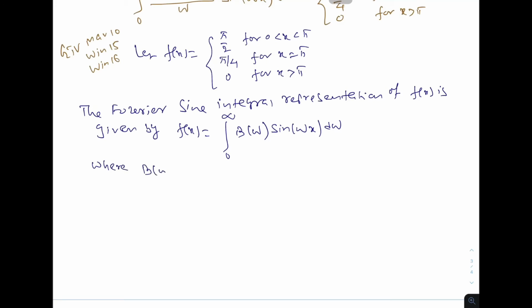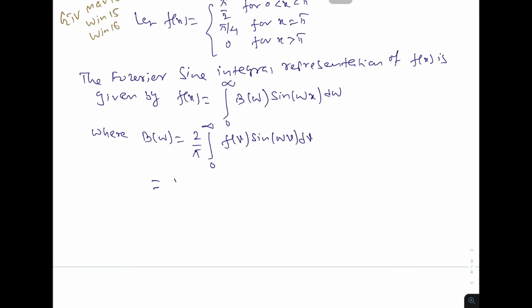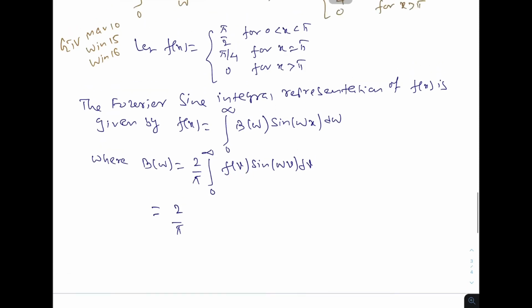where b(omega) equal to 2 by pi integral 0 to infinity f(v) sin omega v dv. So this is equal to 2 over pi. Now see, the function is defined like this: in 0 to pi it is pi by 2, and greater than pi it is 0. So we only have to consider pi by 2 in 0 to pi.